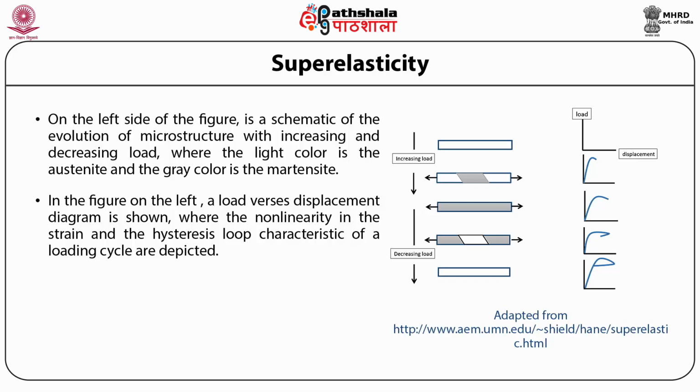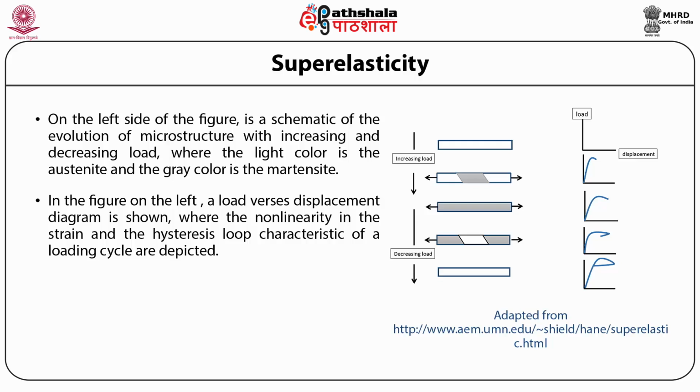So here we observe two important phenomena. First is stress-induced martensite transformation. That is, martensite was found to form with the application of load and without changing temperature. Second is superelasticity.